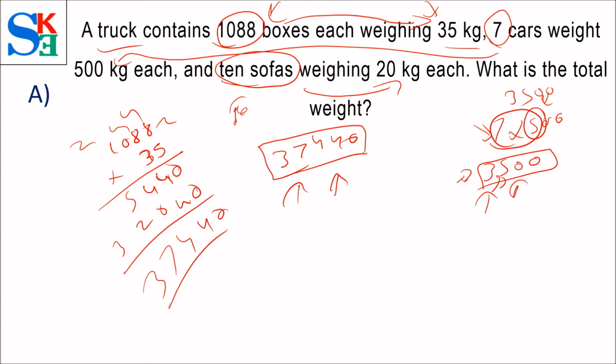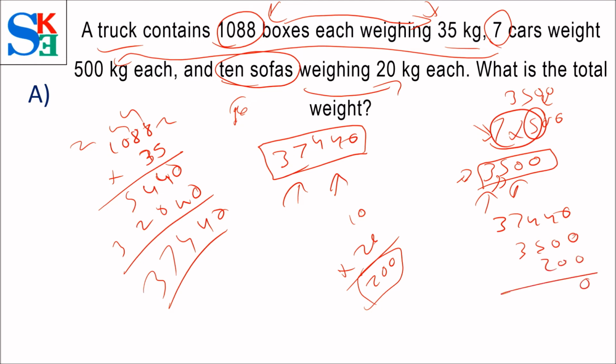And what about the 10 sofas? So that's going to be 10 multiplied by 20. What is it? 200. So that is the amount. Well, what have we got? We've got 37440, 3500, and 200, that's going to equal 41140.